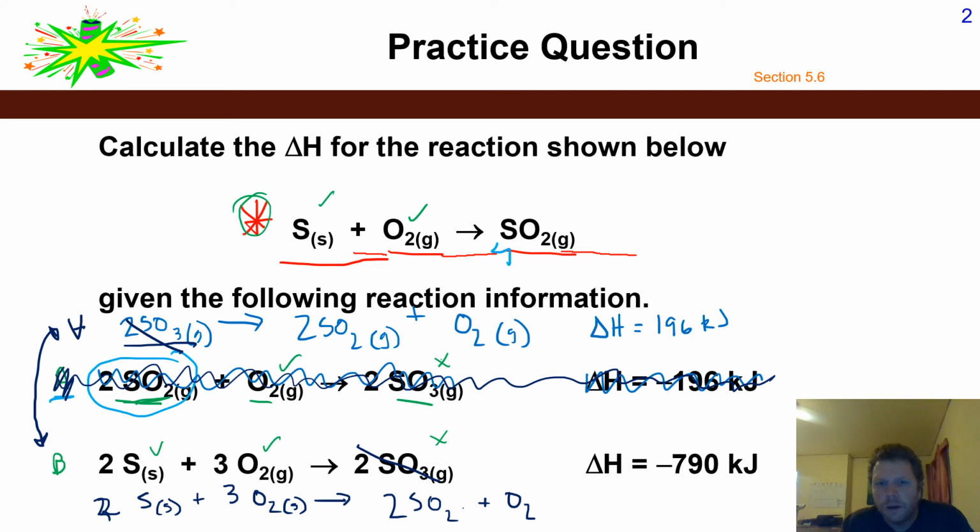I'm going to write my states down there, gas and gas. If something is found on the reactant side and the product side, I can basically ignore that. I've got 1 O2 left over on a product, so I'm going to erase that one and subtract that 1 from my 3, so now I've got 2 O2. So now what I've got is 2S plus 2 O2 yields 2 SO2.